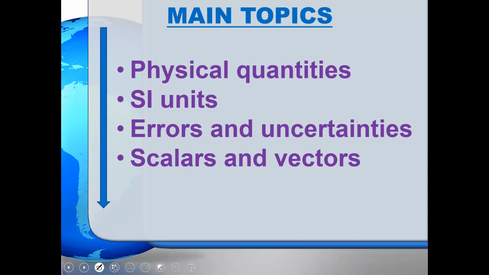Now, you have to remember that you need to make some lists, some topical work, some routine, organized follow-up of homework, online quizzes, which I prefer a lot because this will help you to gear up, because A-level is a short session. Hardly 5 to 6 months it takes, and the AS level completes. So the first chapter main topics are physical quantities, SI units, errors and uncertainties, scalars and vectors.